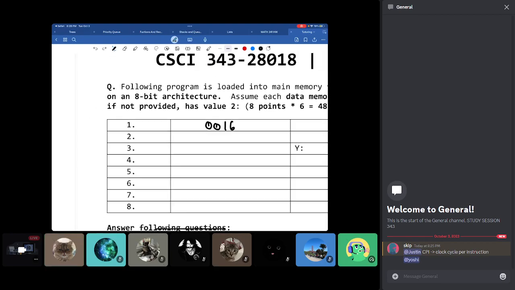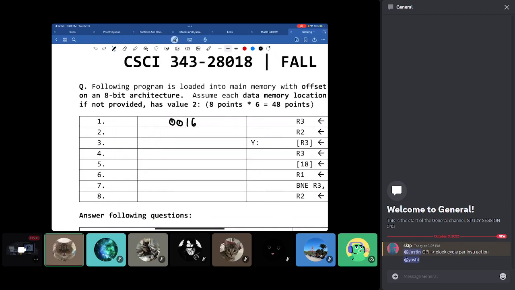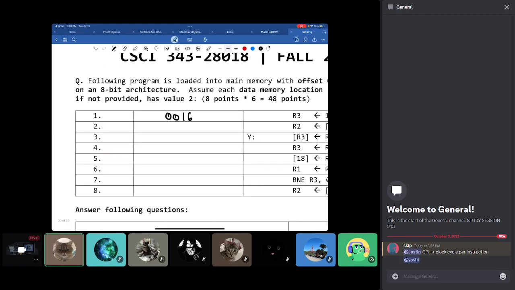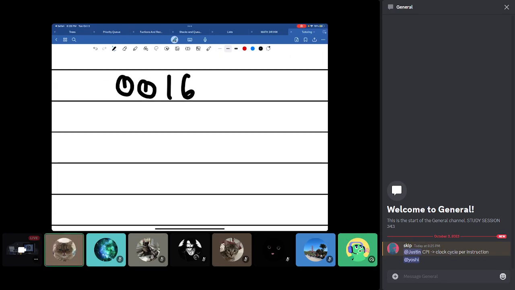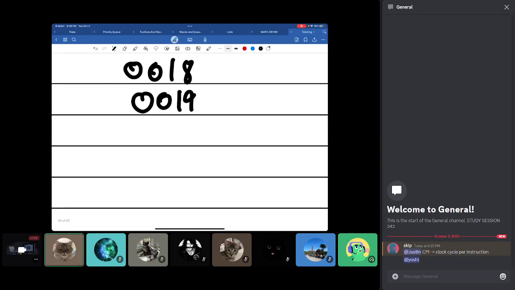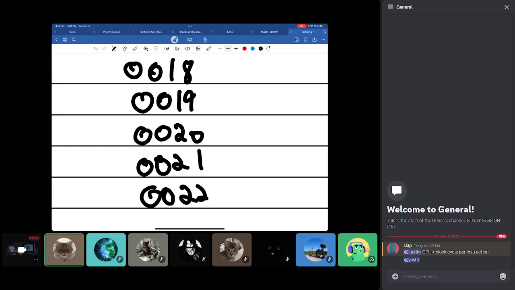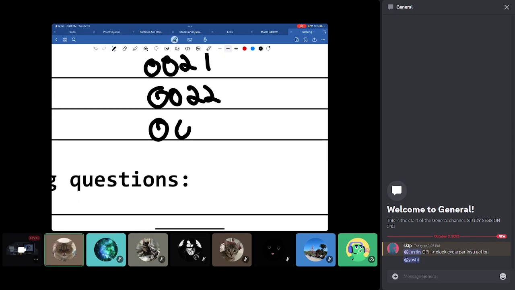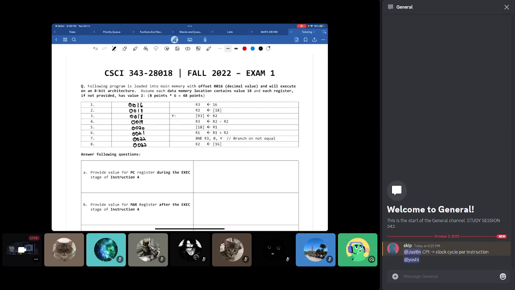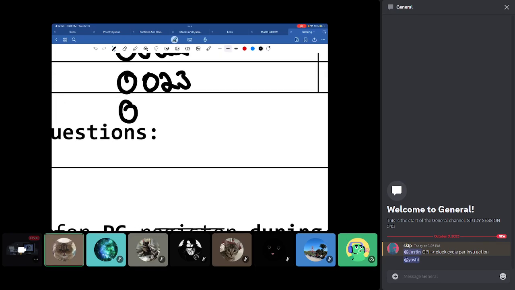8-bit, right? 8 divided by 8. I hope you all know that. That's just 1, which means we're going to increment by 1. So that's 0017, 0018, 0020, 0021, 0022, 0023, and then just in case, 0024.